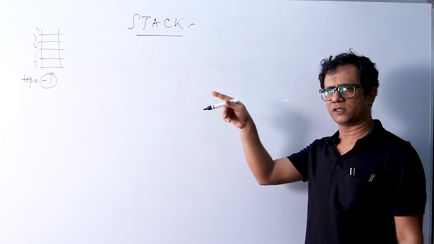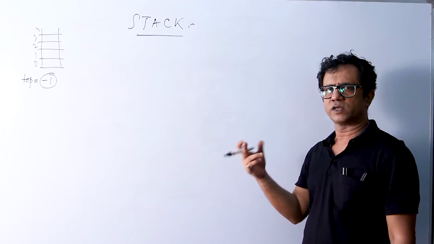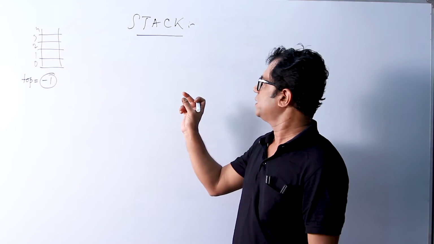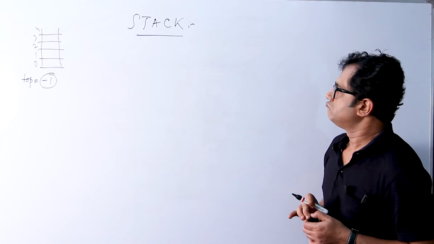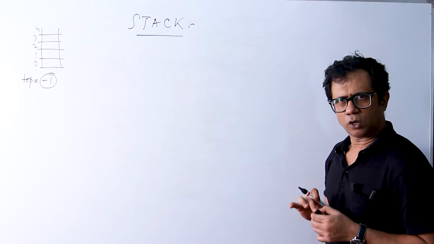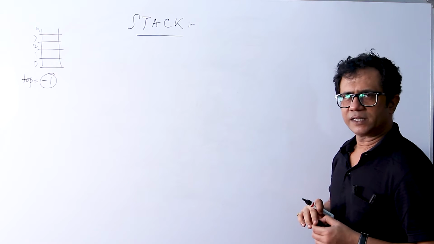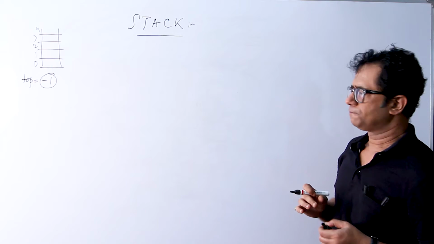So we have to check in this manner whether the top is -1. If the top is -1, there is no question of retrieval of data from the stack, as the stack doesn't contain any data, and there is no question of pop operation. But if we have some data inside the stack, we can definitely pop some values out of it.